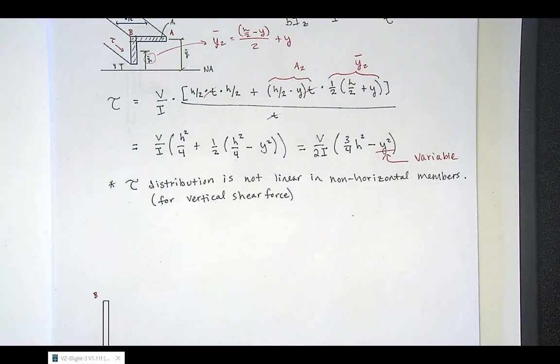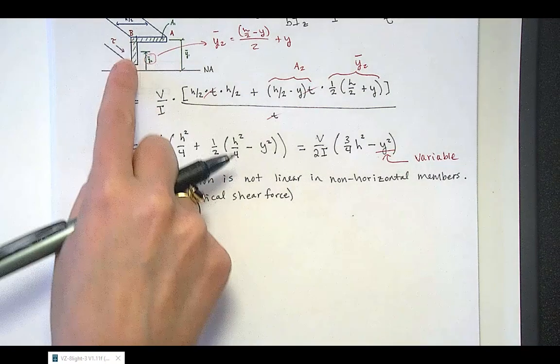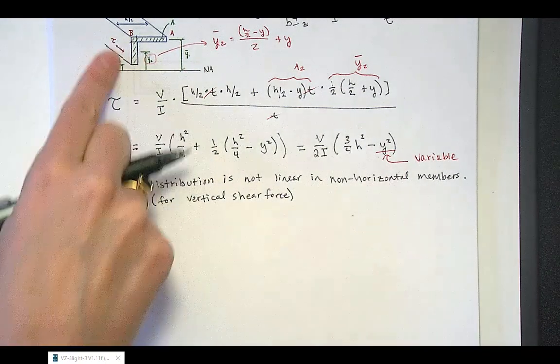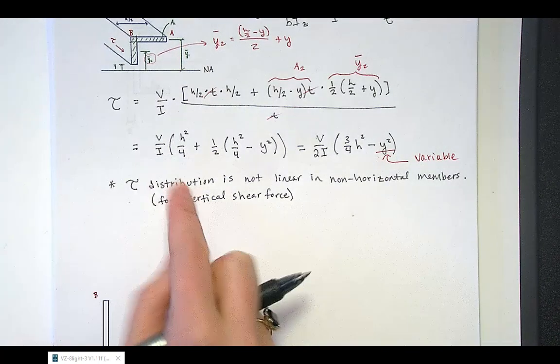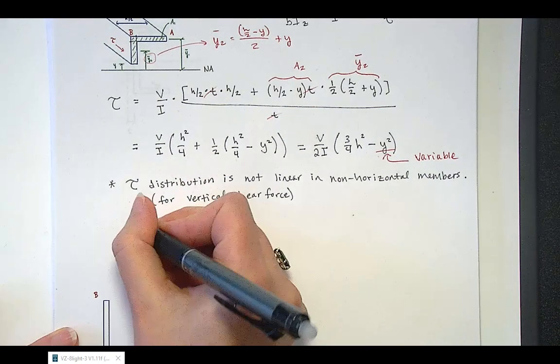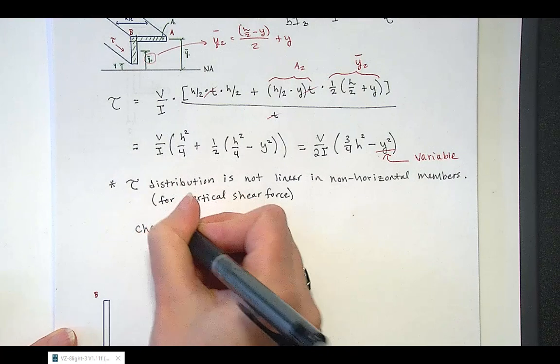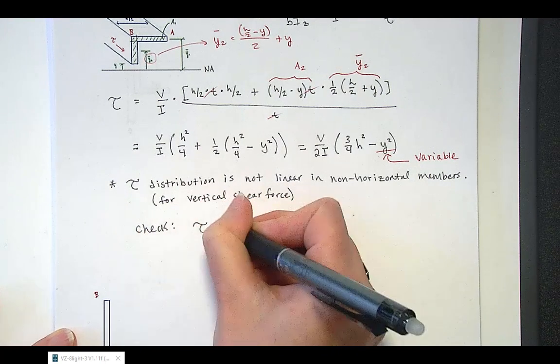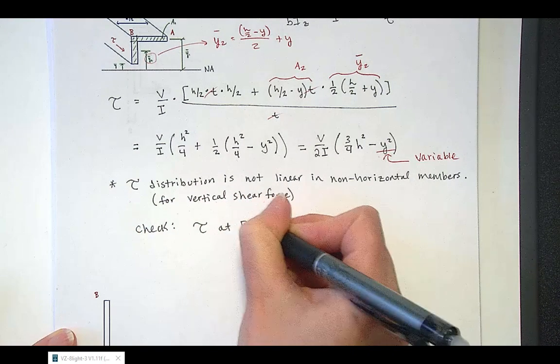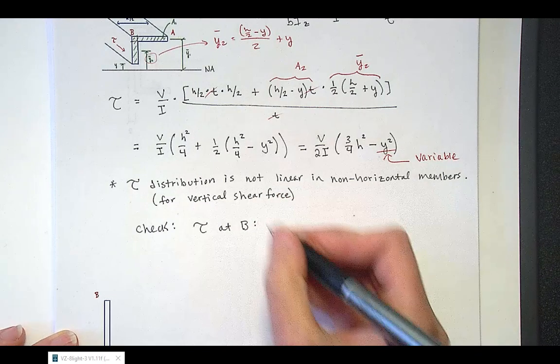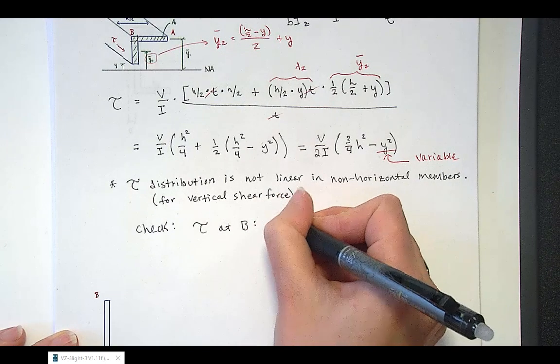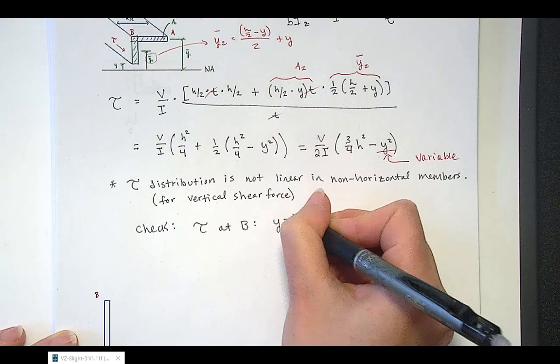Okay, so we can check a few things, right? We already calculated the shear stress at B in the horizontal section, so that should be equal to the value that we get when we plug in our y distance to point B for this evaluation. So we're going to check shear stress at B. For this vertical segment consideration, y is equal to h over 2.